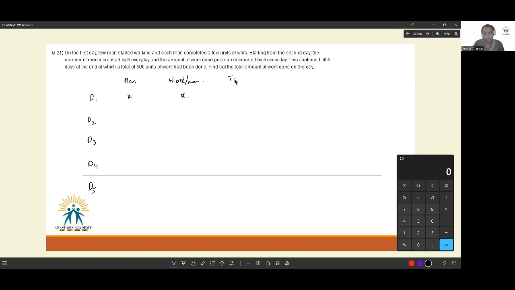So total work done is XK here. On day 2, the number of men increased by 6, so this becomes X plus 6. The amount of work done per man decreases by 5, so this becomes K minus 5. So work done here will be XK plus 6K minus 5X minus 30.